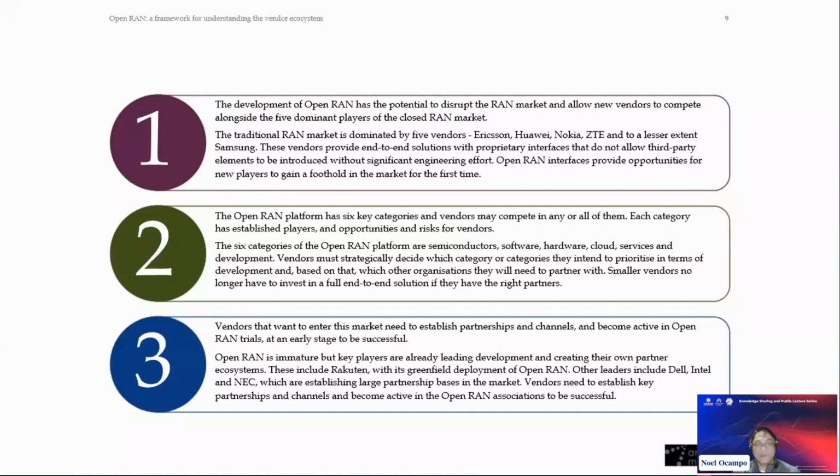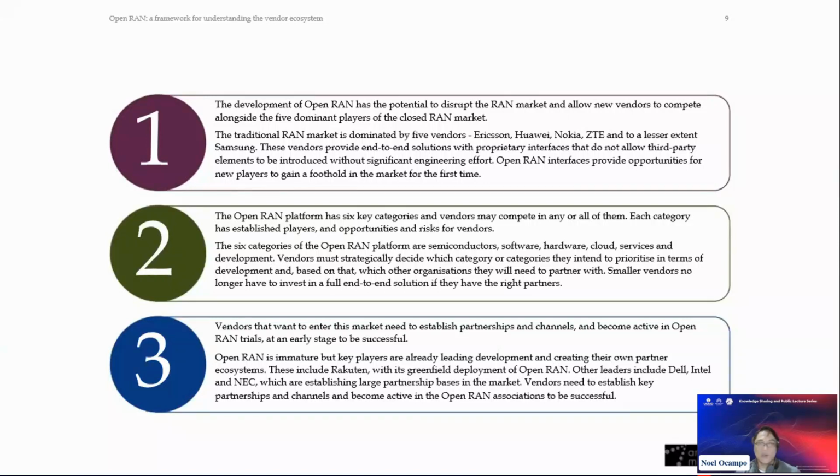Number 3, vendors that want to enter this market need to establish partnerships and channels and become active in the Open RAN trials at an early stage to be successful.